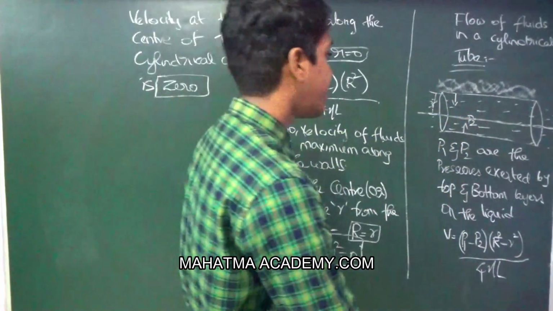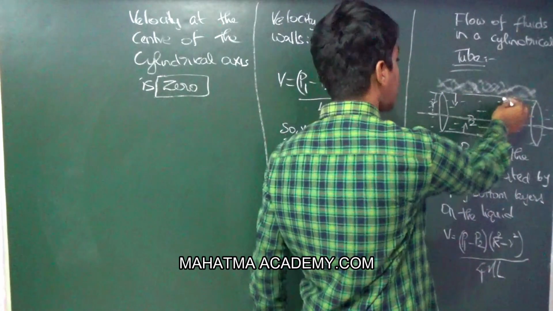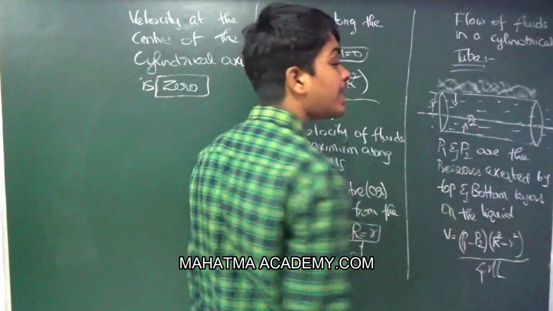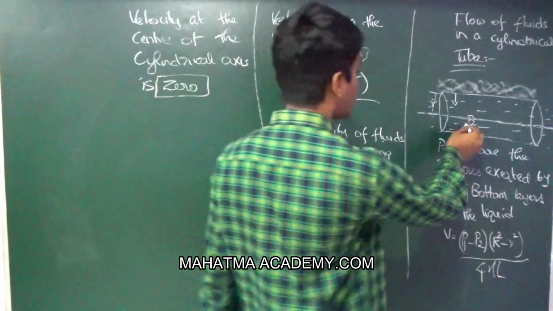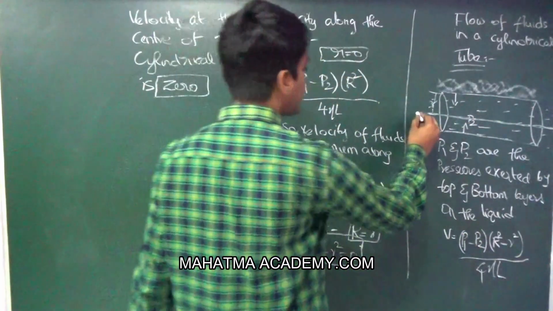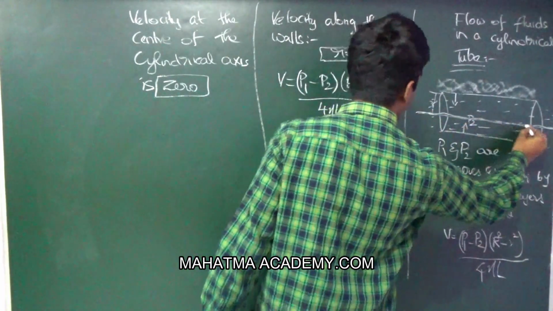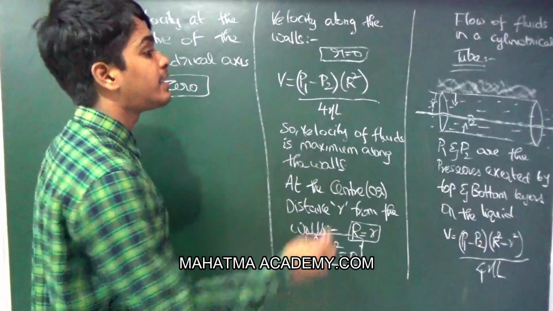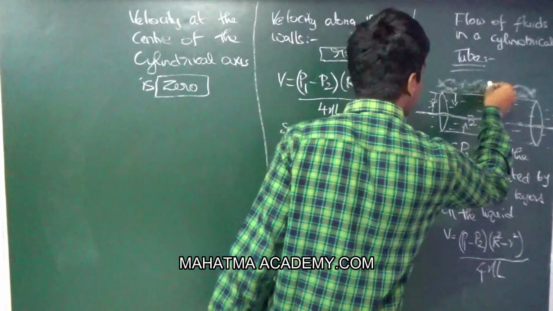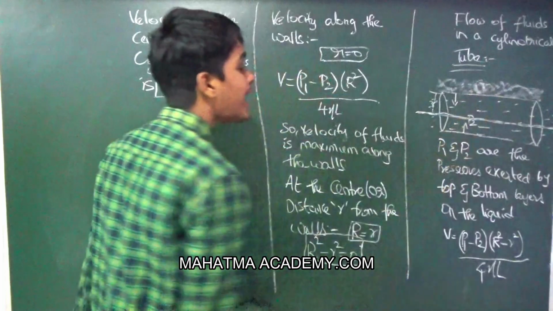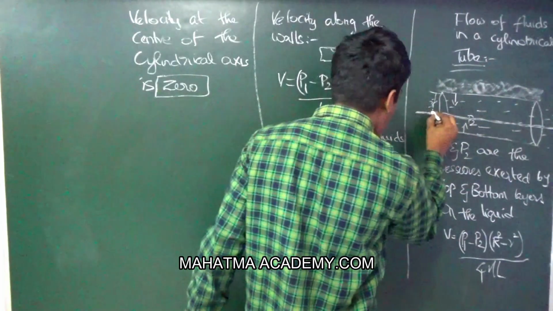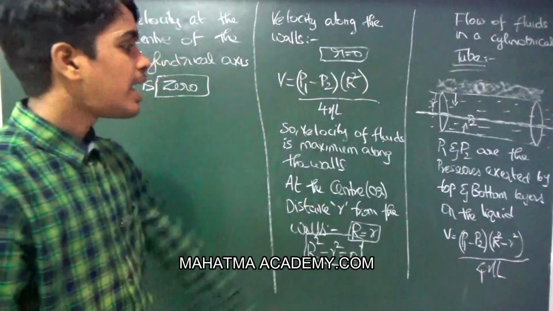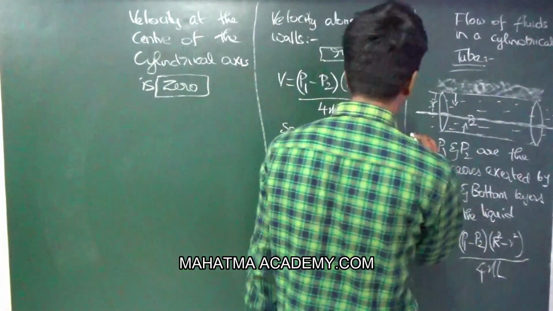Now I will explain this. A cylindrical tube having pressure P1 by the top layer and P2 by the bottom layer, and we will discuss the flow of liquids at the top layer and along the center axis.